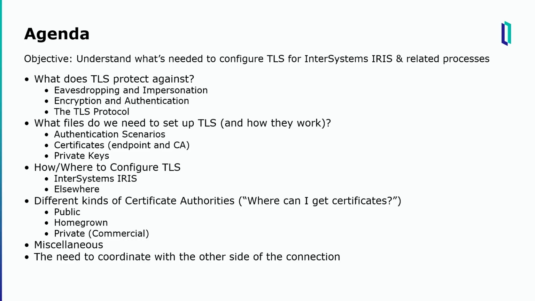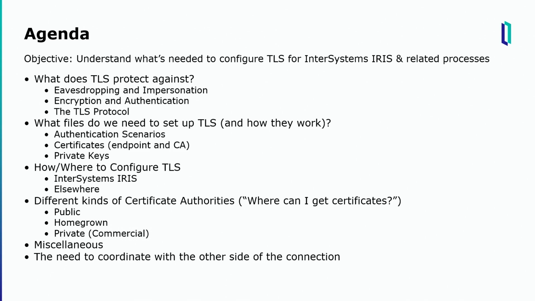We'll discuss the different authentication scenarios of who authenticates whom. We'll talk a lot about certificates, both endpoint and CA, as well as private keys and how they work. We'll discuss how and where to configure TLS settings within InterSystems IRIS and briefly discuss other places it may need to be configured.